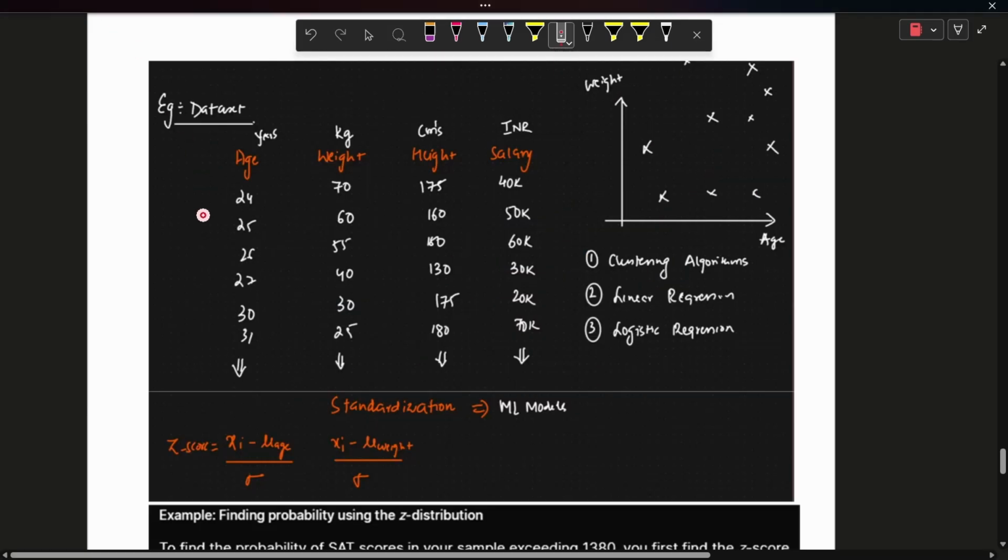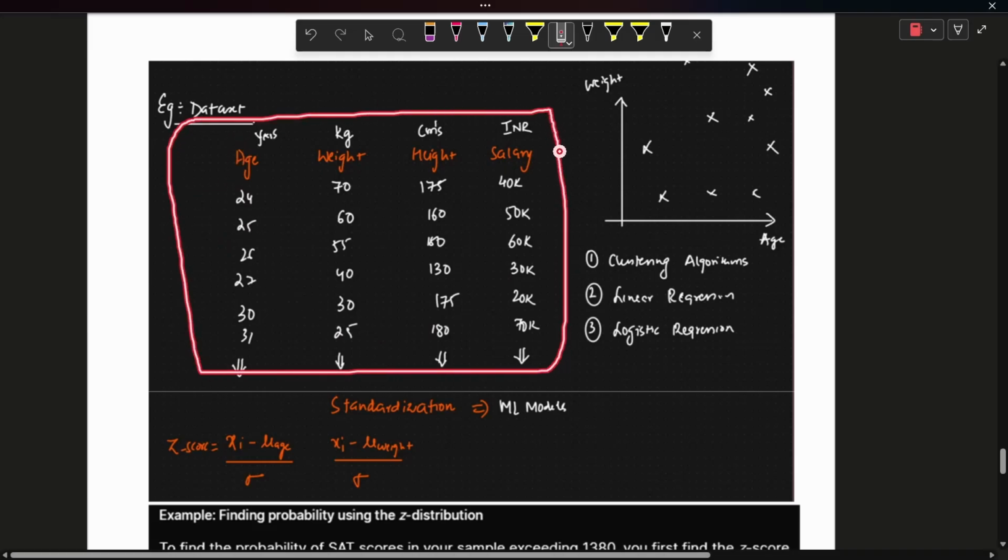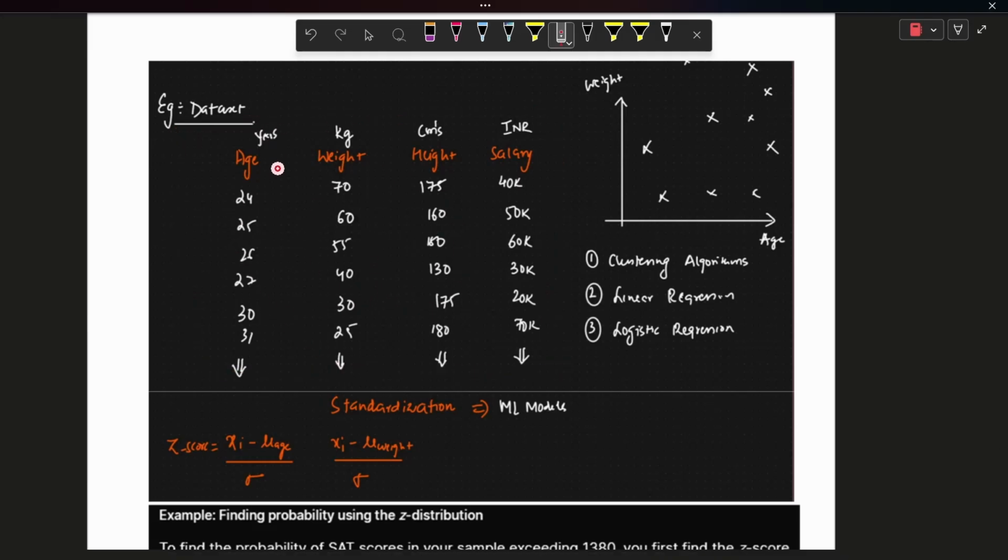So where exactly do we use the z-score? If for example we have a data set which has ages in years, weights in kgs, heights in centimeters, salaries in INR, and we want to build a model for all these features, then how are we going to use these features in the model, because these are all of different measurements?